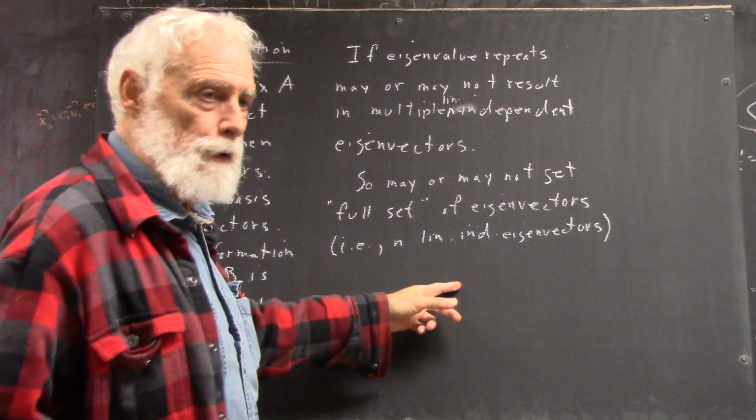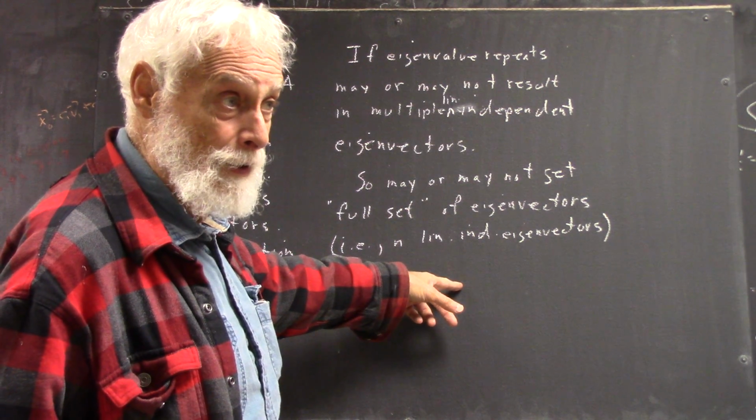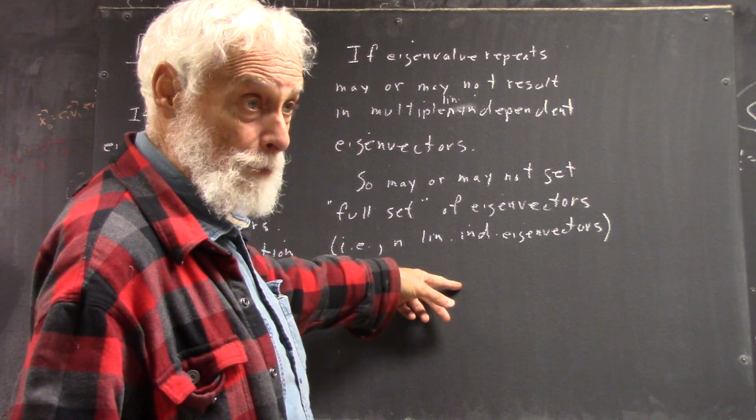And if we don't get n linearly independent eigenvectors, then we don't have a basis of eigenvectors, so we can't diagonalize the matrix.